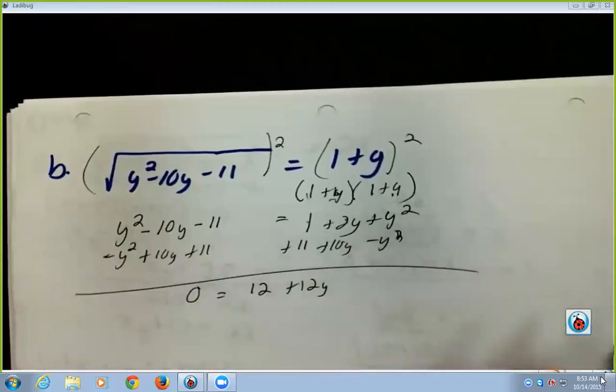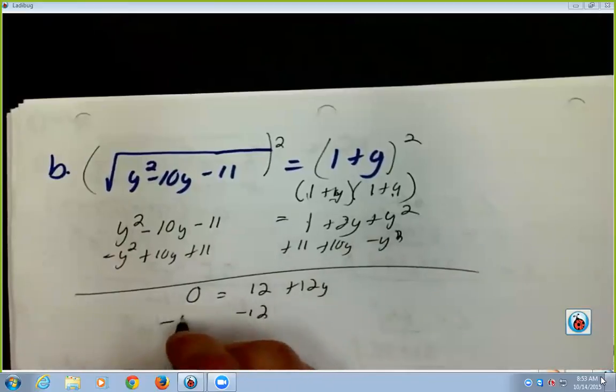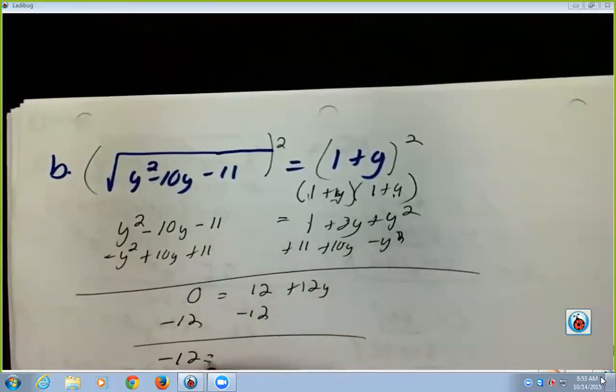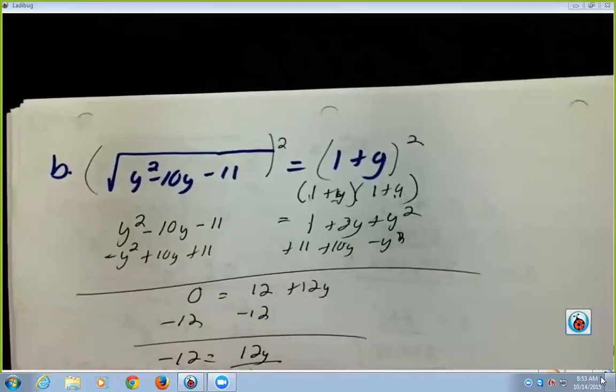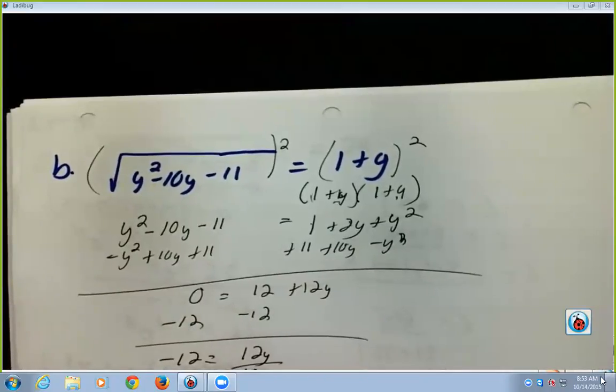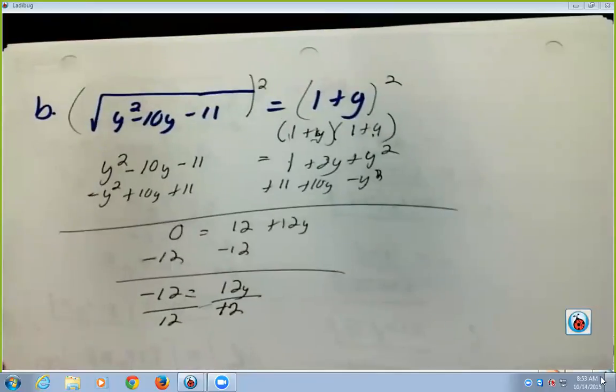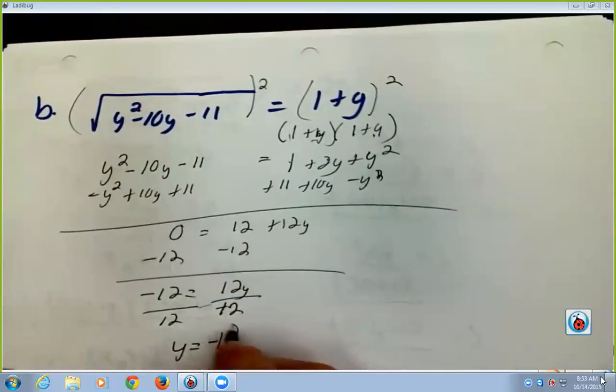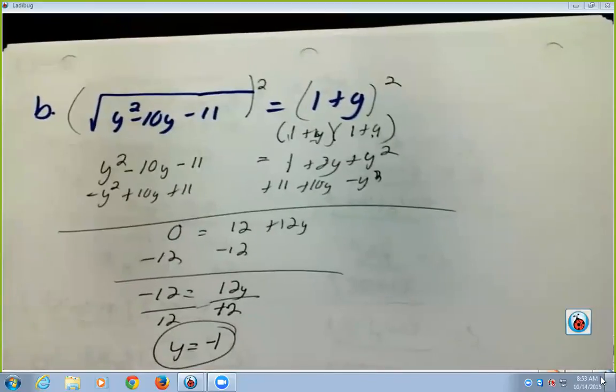Y squareds are gone. Move the 12 back over. Divide by 12 to get y all alone. And I find out that y is equal to a negative 1.